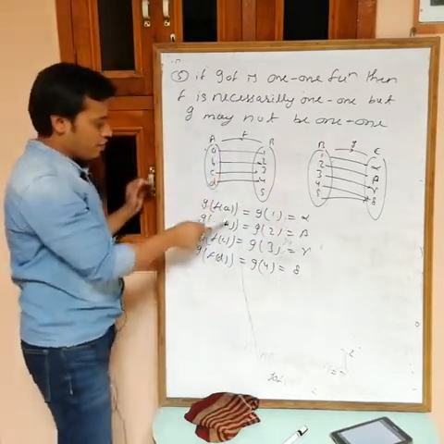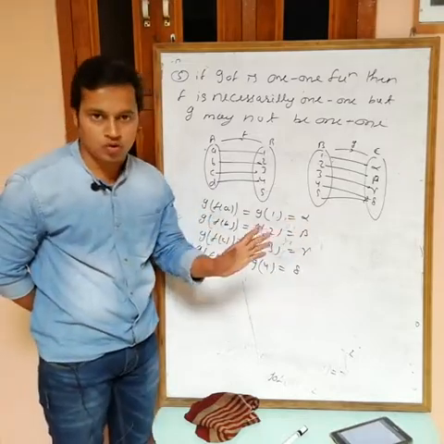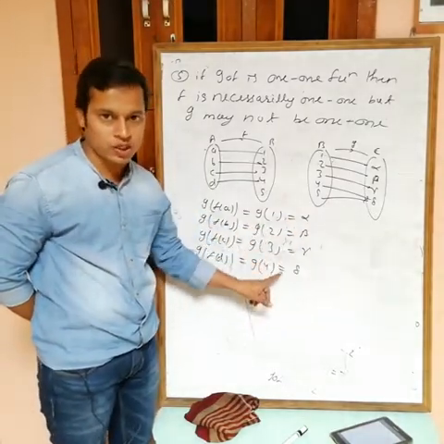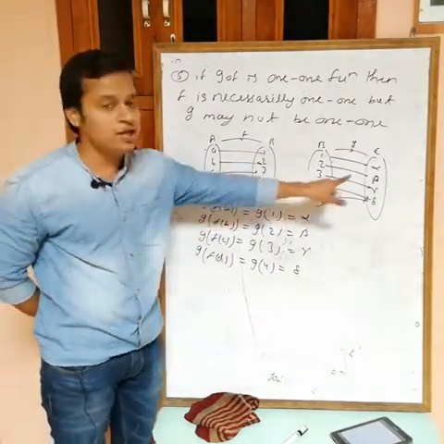So I am taking all values of x, a, b, c, d. Now check, does anyone have the same image? No, all have distinct images. So this one is 1-1. Now gof is 1-1, f is necessarily 1-1, but g is many-1.